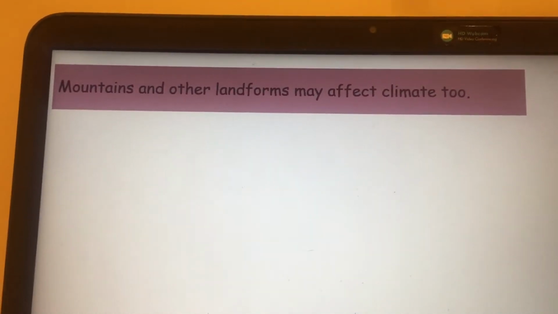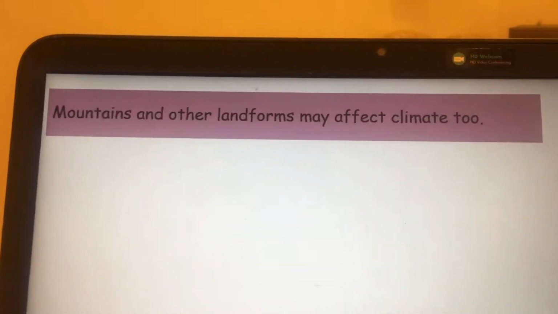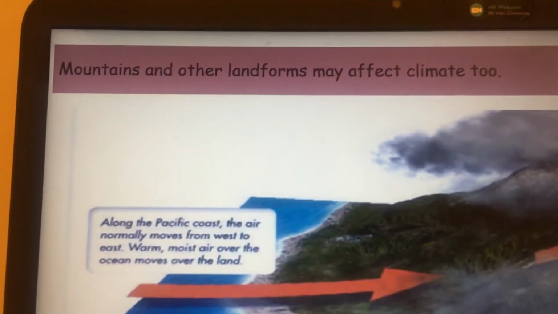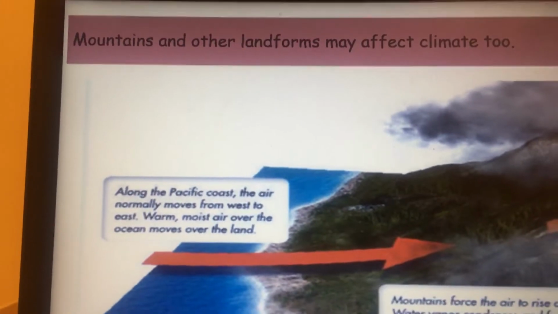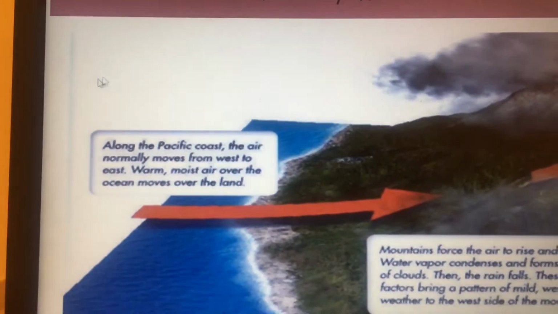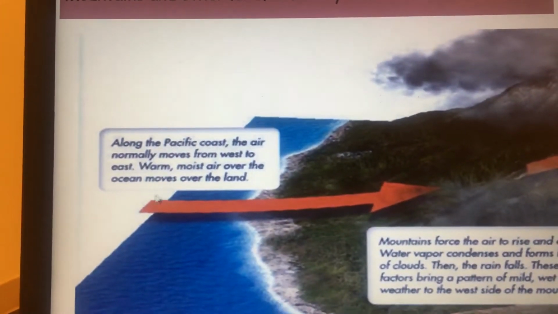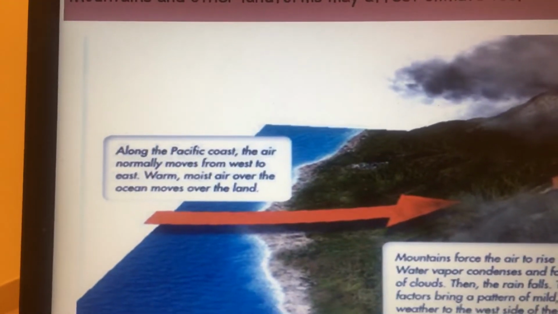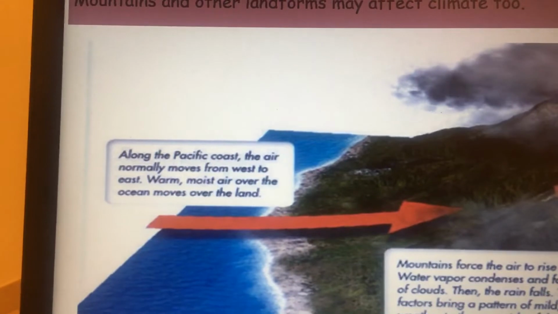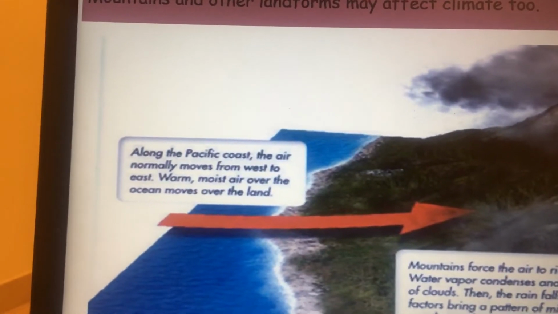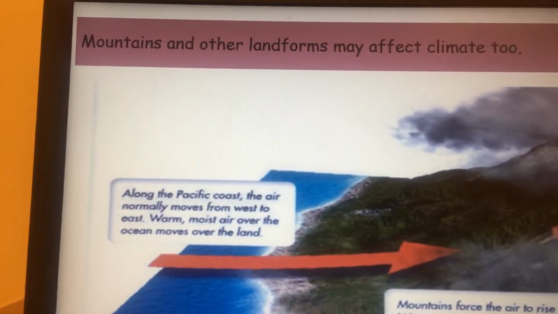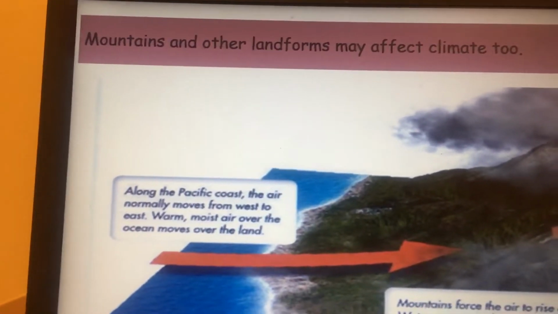Mountains and other landforms may affect the climate too. Here, if you see the arrow, yesterday I showed you how along the Pacific coast the air normally moves from west to east. Warm moist air over the ocean moves over the land.